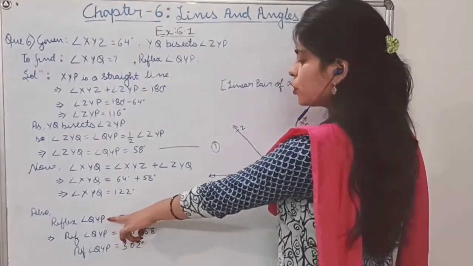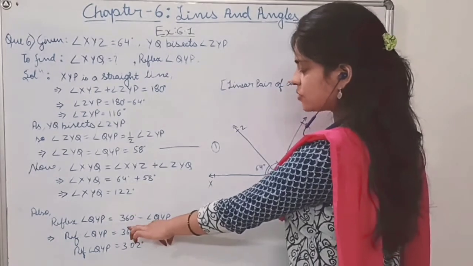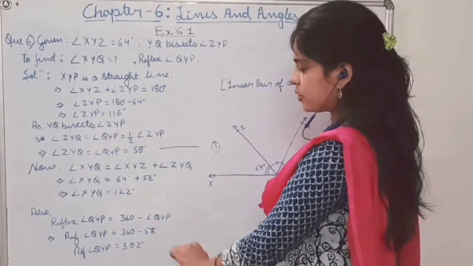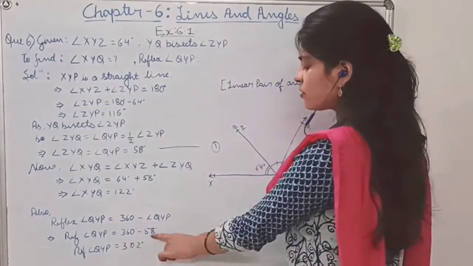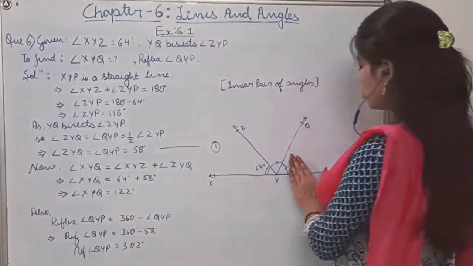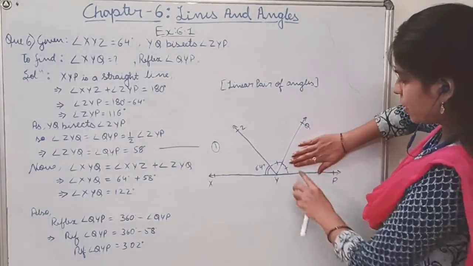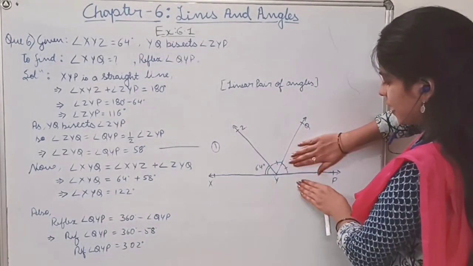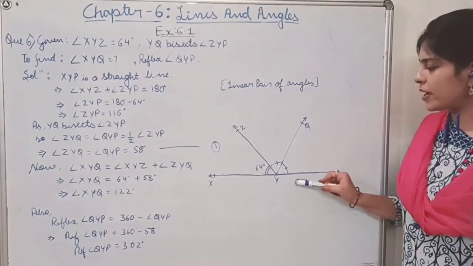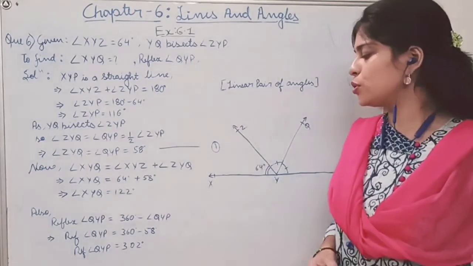So reflex of angle QYP will be given by 360 minus 58 degrees, which is 302 degrees. So if this is QYP, its reflex will be this angle, and this angle is 302 degrees. So reflex of angle QYP is 302 degrees.